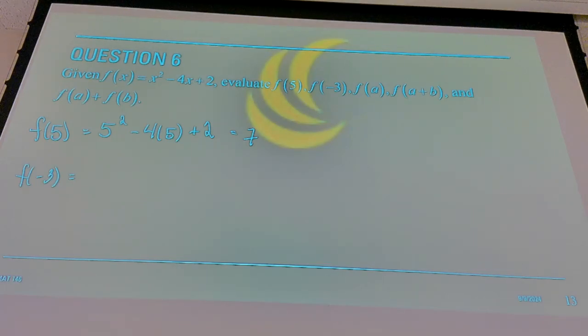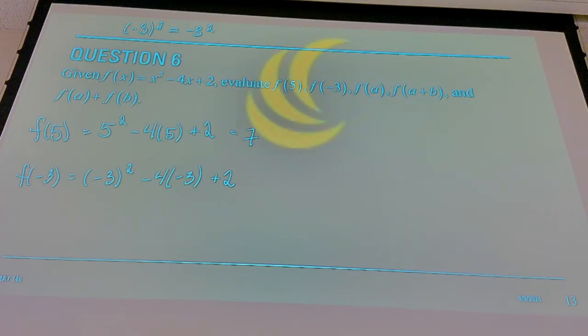f of negative 3. The input is now negative 3. Look in the definition of f. Everywhere you see an x, replace it with negative 3. And do so carefully. So look up top.